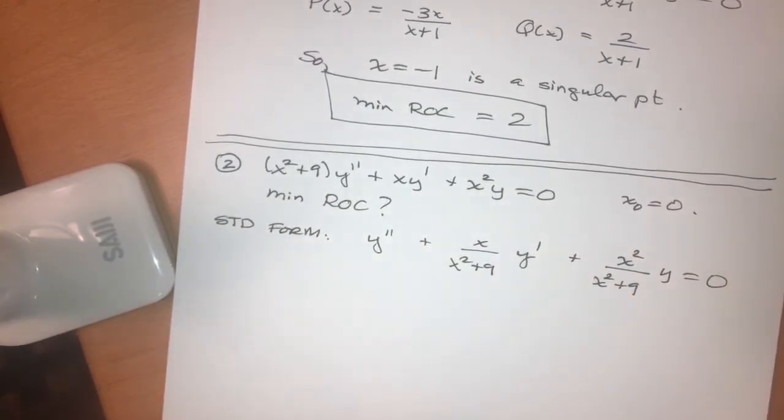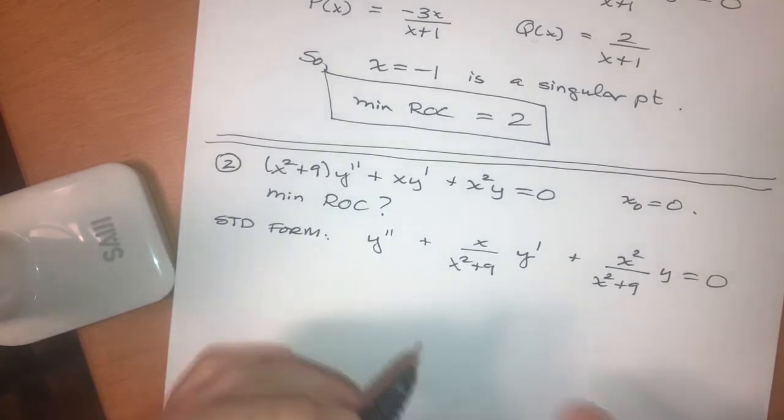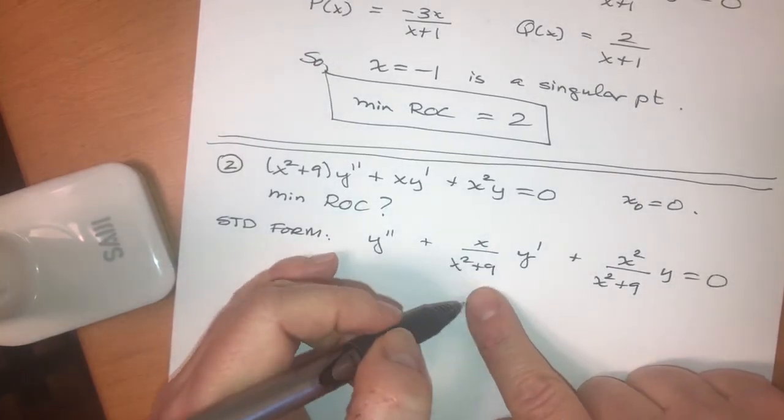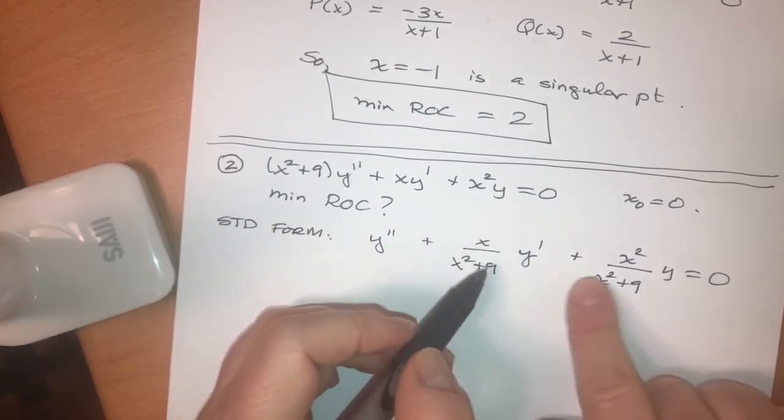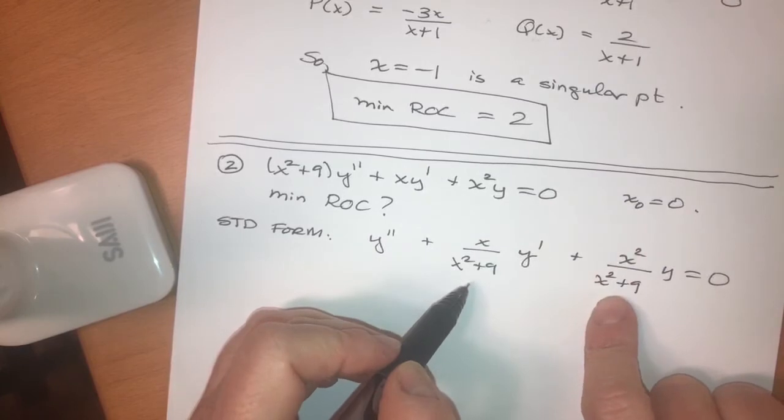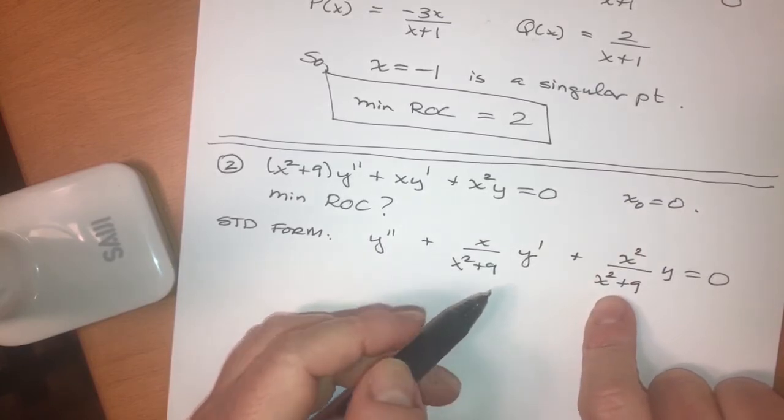So as in the last example, everything is good and happy unless you have a zero denominator there. And yes, you can actually double check from this that you will have an ordinary point at 0 here because both of these functions are defined when you put in target value of 0.